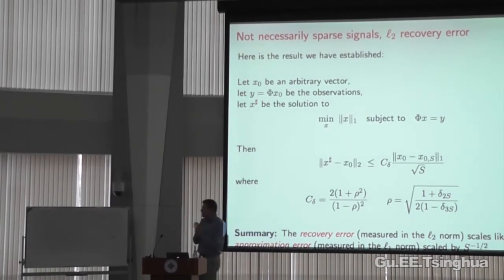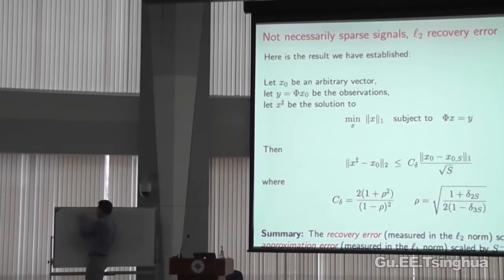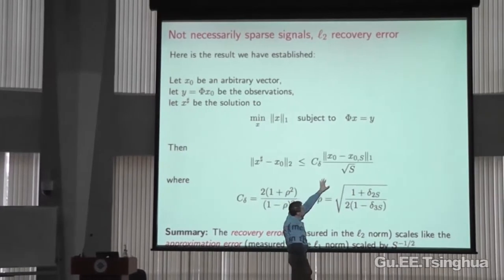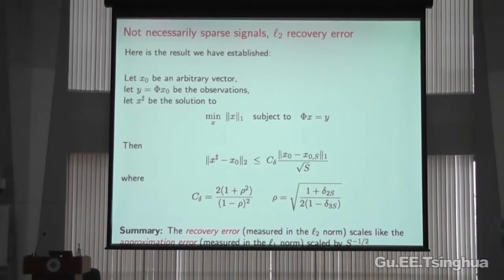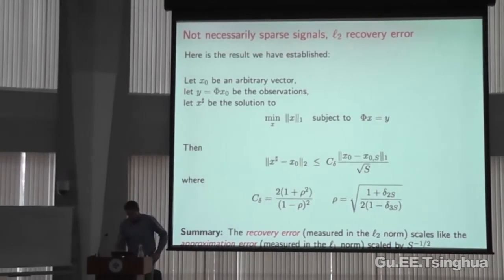One is bounding the L1 stability: the difference in L1 between what I recover and my vector, which is not exactly sparse, is some small constant, which depends on the restricted isometry constants of this matrix phi, times the best S-term approximation error. And for the 2 norm between these two things, I can bound it not in terms of the 2 norm of the best S-term approximation, but something almost as good: the 1 norm between these two things, divided by the square root of S. So that's what we have to say about stability.